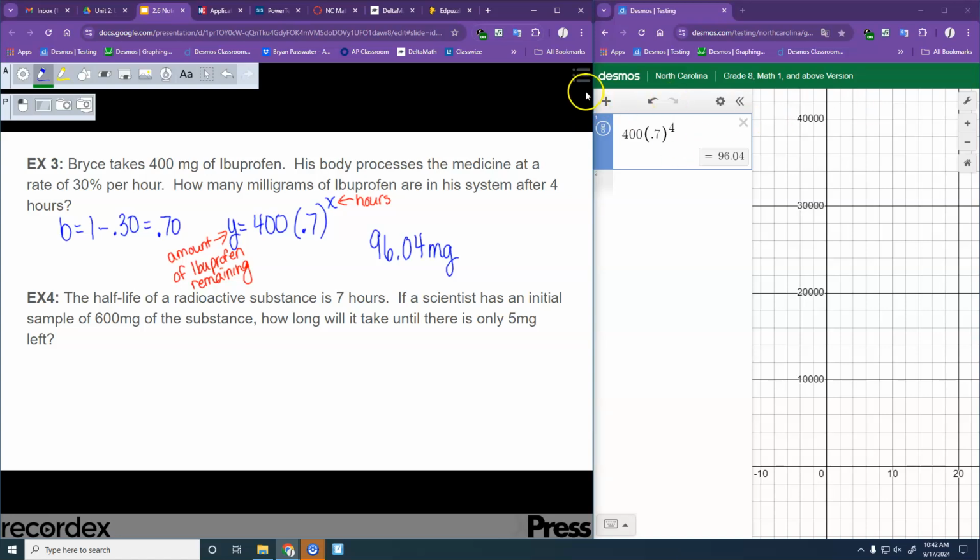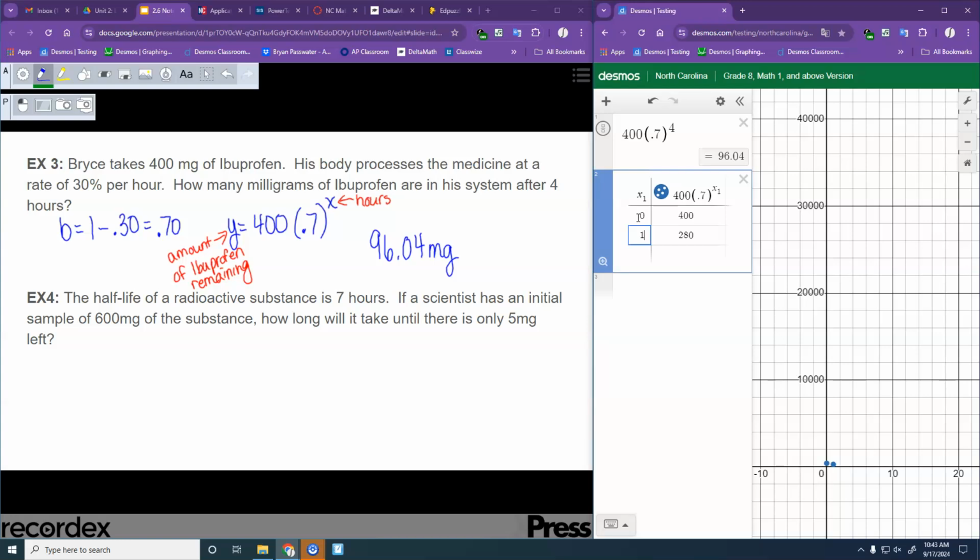So if I make a table with this, Eddie, let's see, I think I know how to do this. If I do 400 times 0.7 to the x power right here. So at 0, you'd have 400, right? After 1 hour, it's down to 280. That's 70% of what you started with.